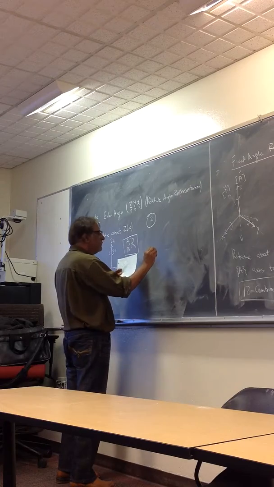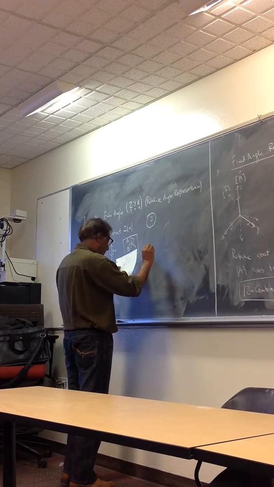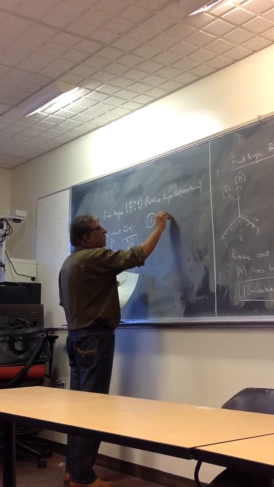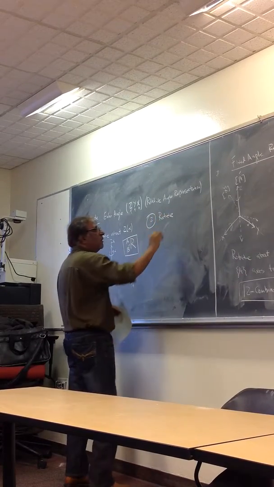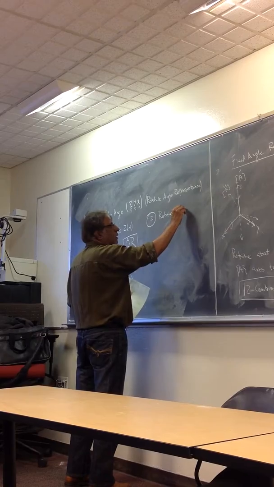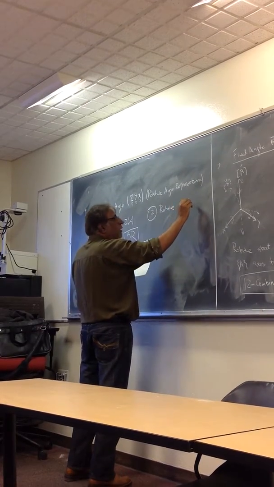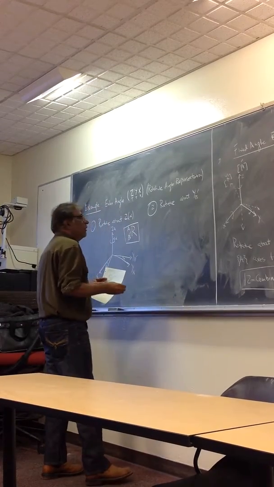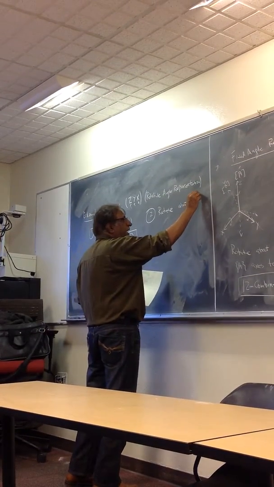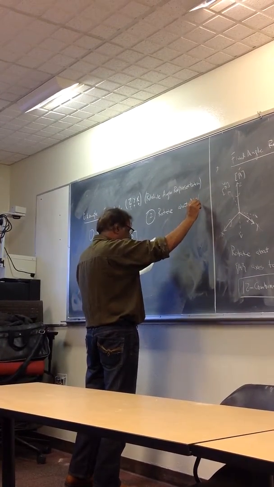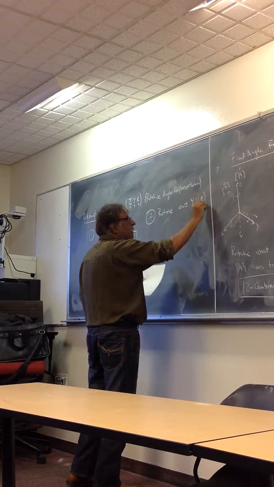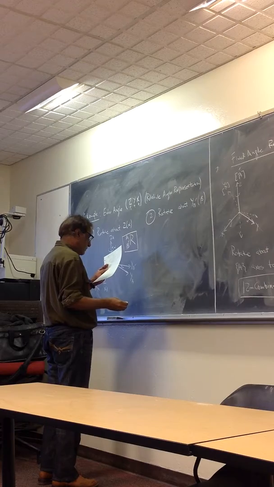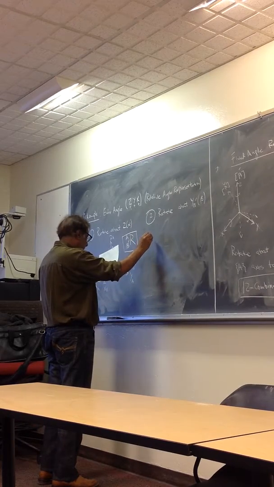So what's the next step? Rotate about Y prime, YB prime, by an amount, let's call it beta. Right?